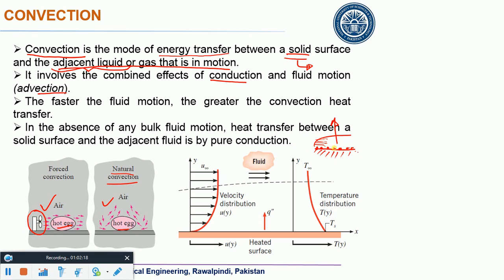So on this interface, heat is being transferred due to conduction, but over it, it is being transferred due to advection. The faster the fluid motion, the greater the convection heat transfer. You see what this fan is doing? It is increasing the air velocity.